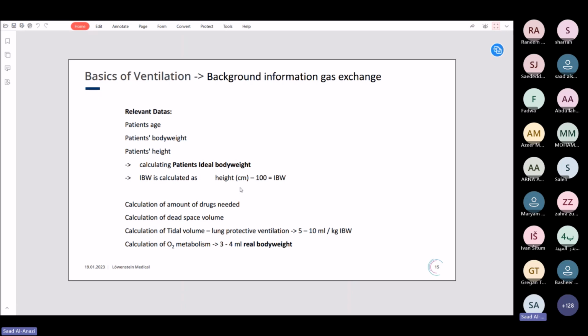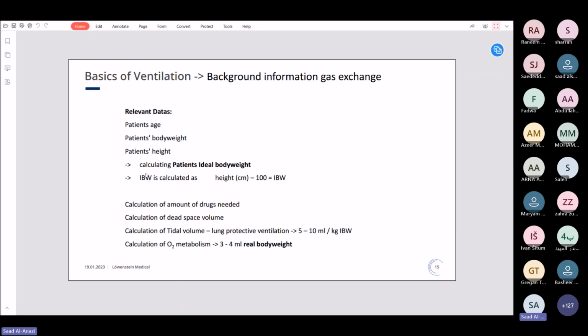Why do we need the ideal body weight? Because we have a smart algorithm mode that depends on the ideal body weight and continuously predicts the minute ventilation and tidal volume for the patient. That is really helpful for having accurate information.